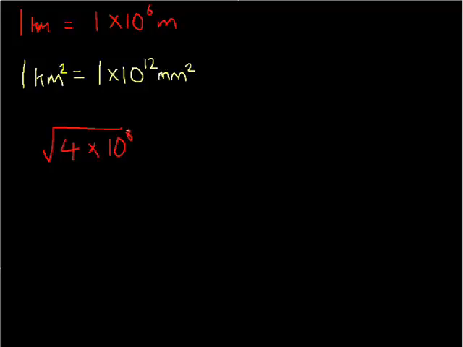Hopefully you know that if you're taking the square root of something like this, you just find the square root of the first number, so the square root of 4 is 2. And how do we do the powers? 10 to the power of 8, it's just half, isn't it? So it'll be 10 to the 4.